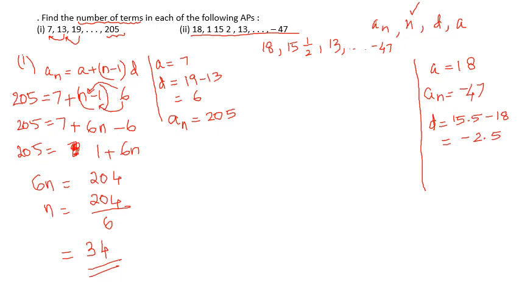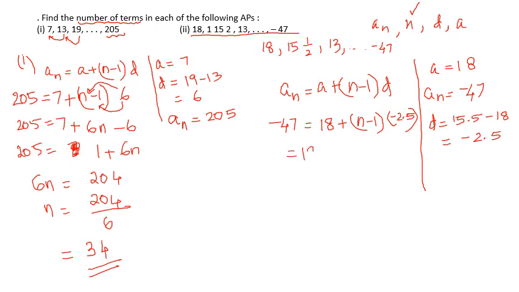An equal to a plus n minus 1 into d. Right? An is equal to minus 47. That is equal to a is 18 plus n minus 1 into, the answer is minus 2.5. D is minus 2.5, so put it in bracket.